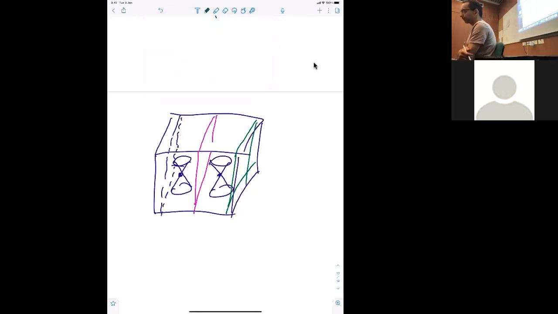And now, if we compute the flux of the Berry curvature through these planes, so these are two-dimensional planes now, and everything that I said about computing the Chern number for two-dimensional planes holds.